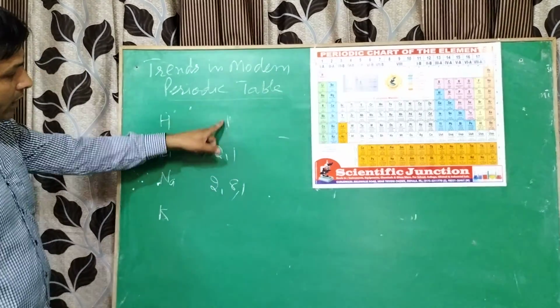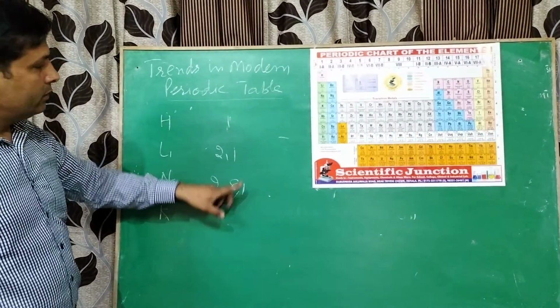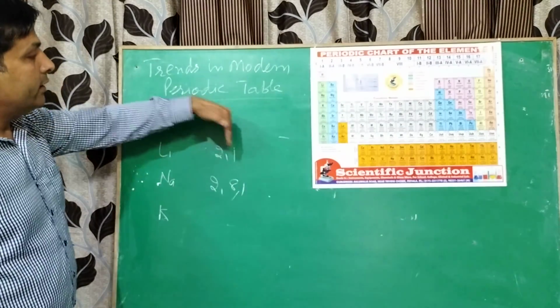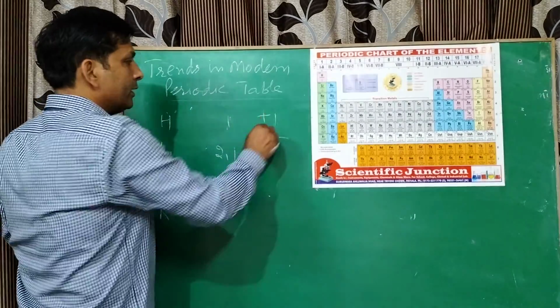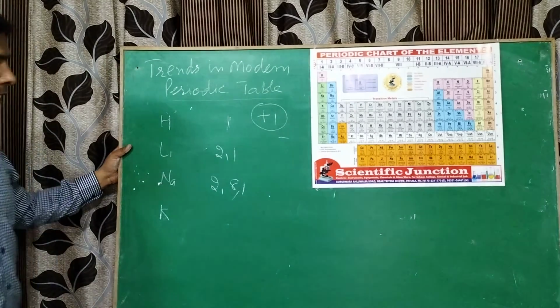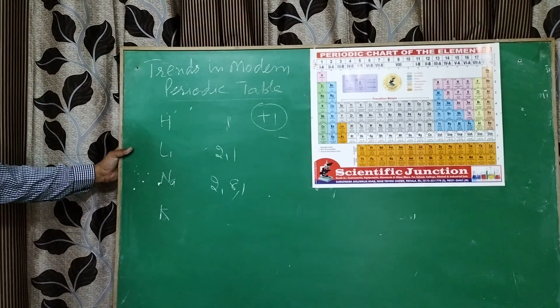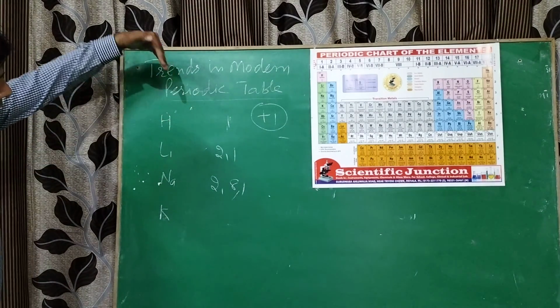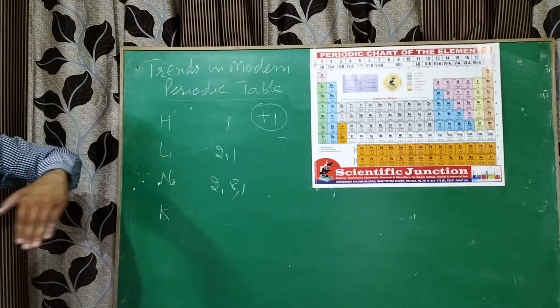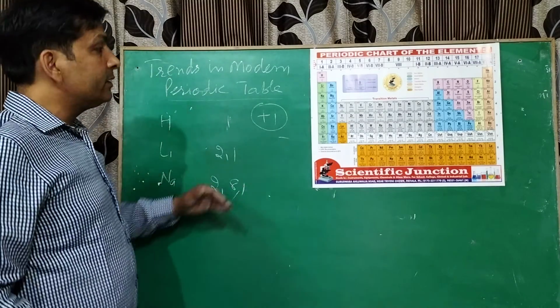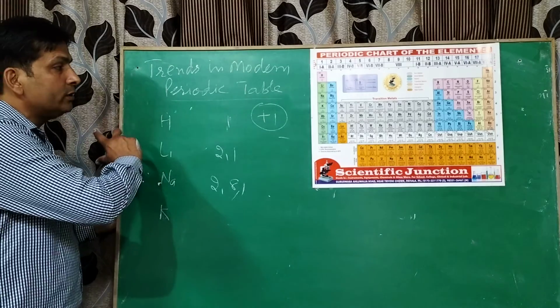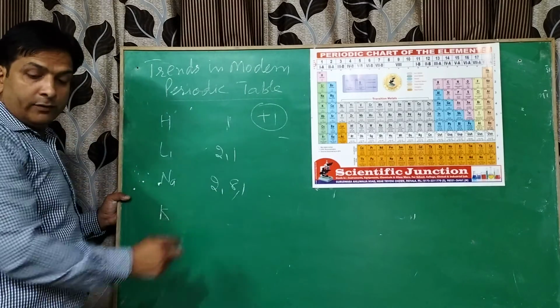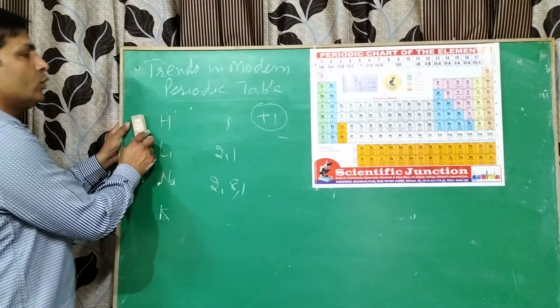They all have one valence electron in their outermost shell. Therefore, their valency will be plus 1, and they can easily donate 1 electron. So when we go down in a group, the valency of the elements remains the same. There is no change in valency from top to bottom in a group.